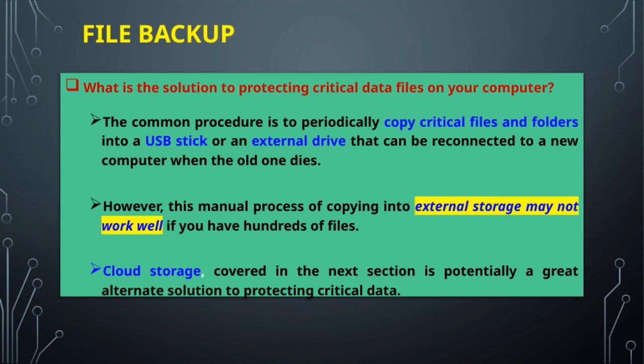It's easy to forget files or miss some important data, especially as your files grow in number and complexity. That's where cloud storage comes in, which we'll cover in the next section. It offers a potentially much more efficient and reliable alternative for protecting your critical data, automating backups, and making sure your files are safe and accessible from anywhere.